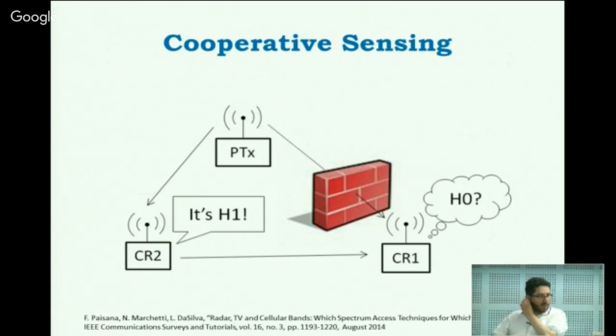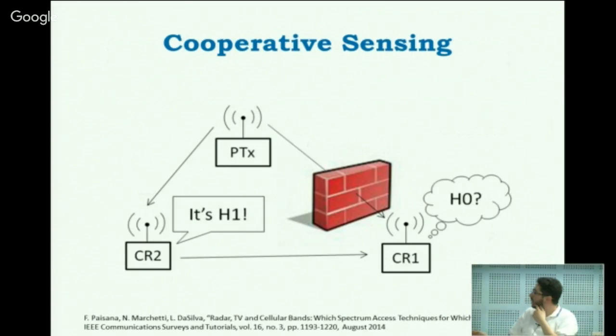Just to mention a few things about cooperative sensing. Some of you might be familiar with it, some of you might be less familiar, but the idea is basically that you have different sensors collaborating with each other. In a nutshell, you are in a situation where you have a primary system transmitting and secondary systems like cognitive radios, which have to decide whether there is activity on the side of the primary.